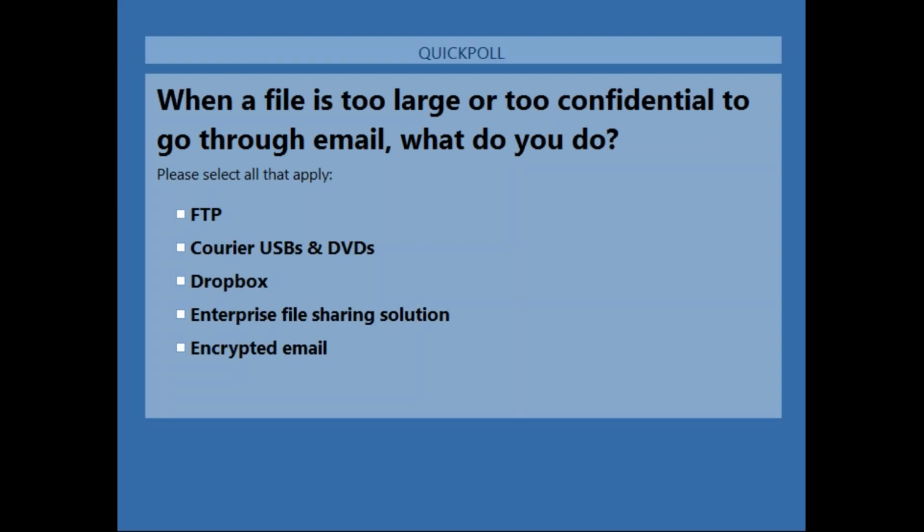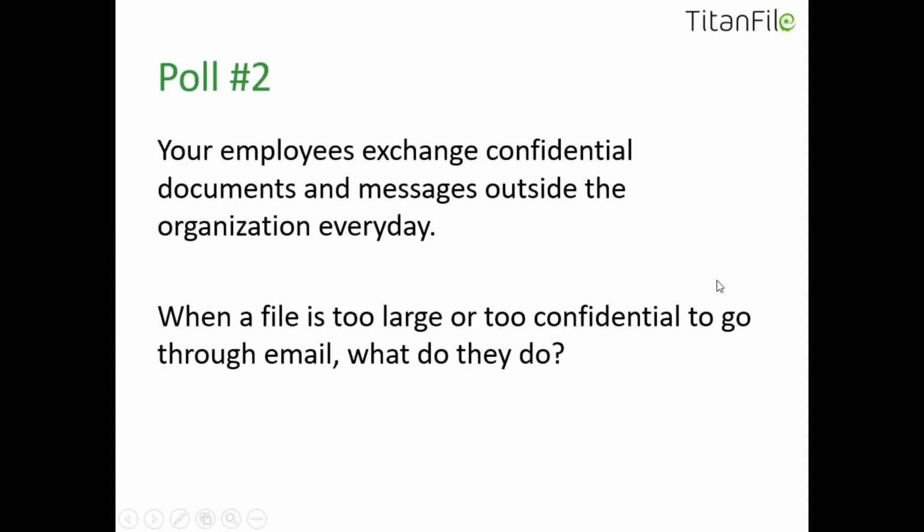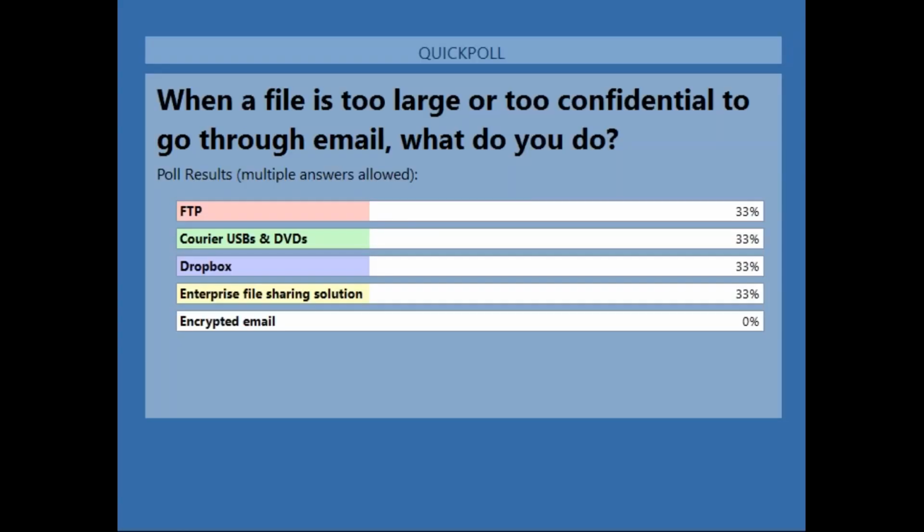And we're going to close the poll in 5, 4, 3, 2, 1. Alrighty. So we got 60% of the votes. And let's take a look at what everybody is using. So it looks like it's fairly split across the board with the exception of encrypted email, but there's a little bit of everything being used.